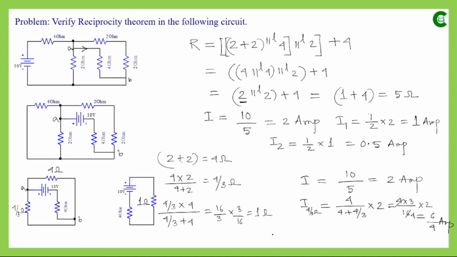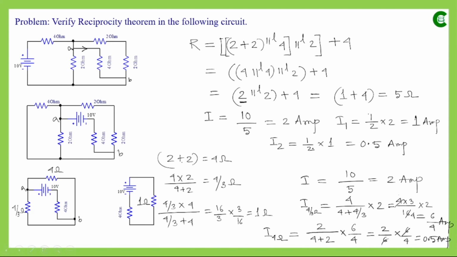So again we will apply the current division rule, and the formula will be the opposite resistance divided by the summation of the resistance values, multiplied by the main current, and this time it is 6 by 4 ampere. So it will be finally 2 by 6 multiplied by 6 by 4. So finally it will be again 0.5 ampere.